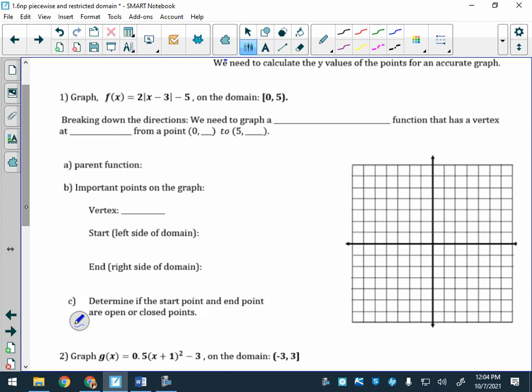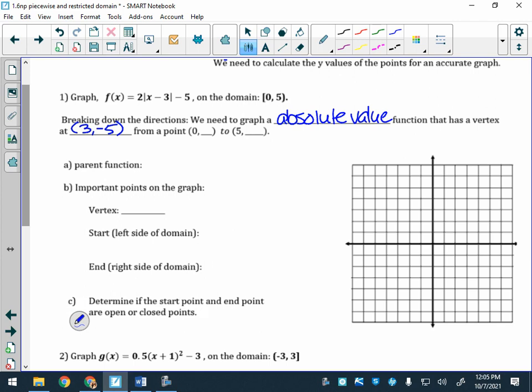All right. Breaking down the directions. We need to graph. What type of function is this? Good. Absolute value function. That has a vertex of what? Careful of this new function. Okay. 3, -5. And then for points, because we have a restricted domain, when x equals 0 and x equals 5.